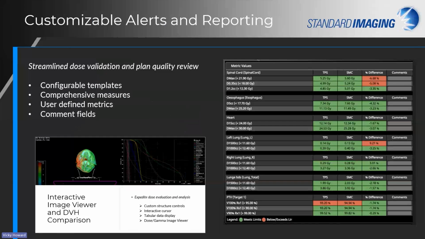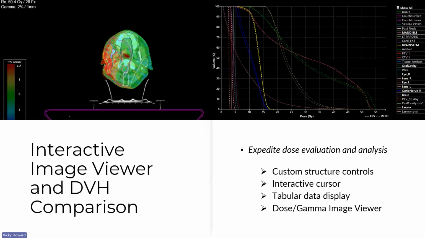In terms of the metrics that are displayed and the automation, you're able to look at side-by-side comparison of your organ at risk or target volume metrics, and it will show you differences. What I feel is even more important is you can look at an interactive 3D view of the gamma differences and the tolerances, as well as DVH displays.